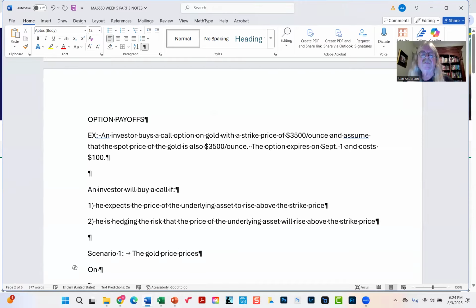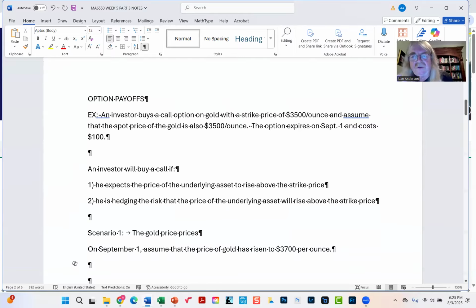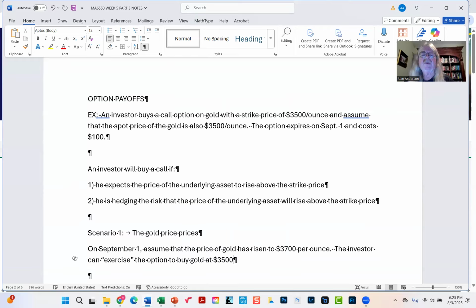So on September 1st, let's assume the price of gold has risen to 3,700. But now the investor who bought this option is quite happy because look at what they have the right to do. The investor can exercise the option, as it's called, to buy gold at 3,500 per ounce, and then immediately resell it in the market for 3,700.